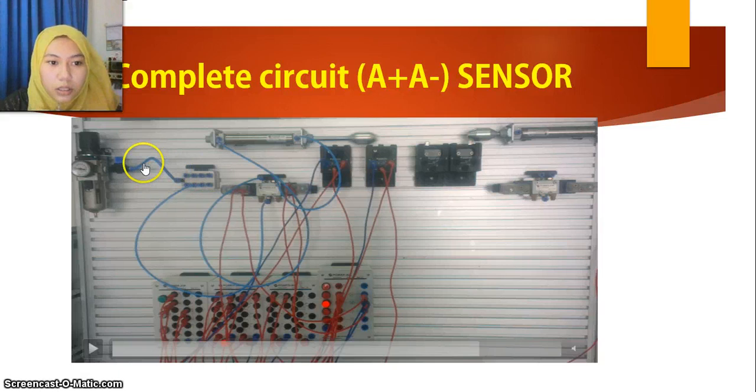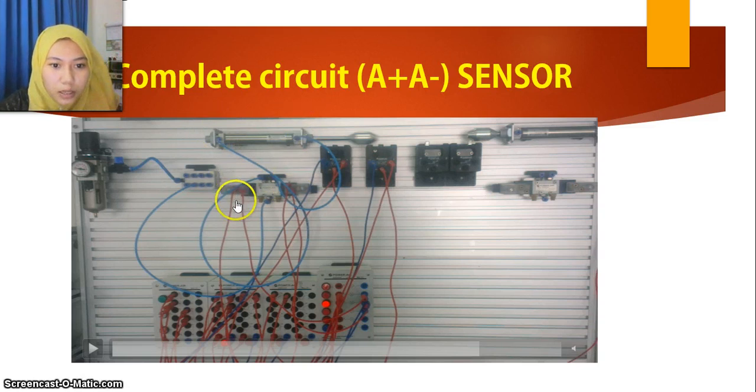Okay, this is the pressure regulating valve, which will connect to the regulating valve manifold, and the regulating valve manifold tube will connect to the 5 two-way solenoid valve to give the air pressure, and then the air pressure will connect to the tube to extend and the tube to retract the piston.